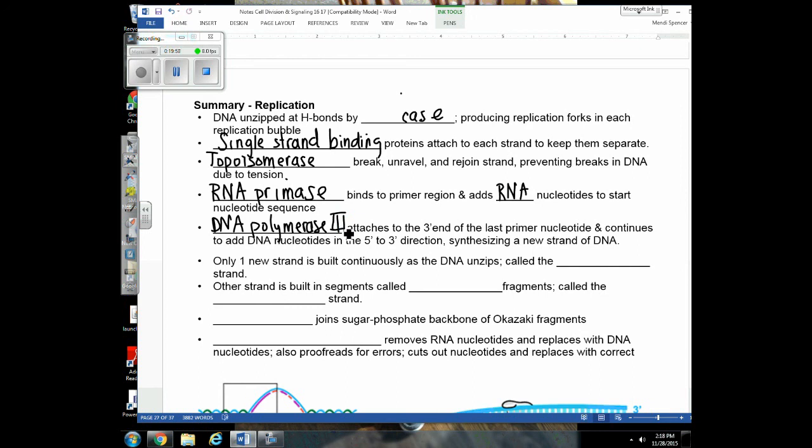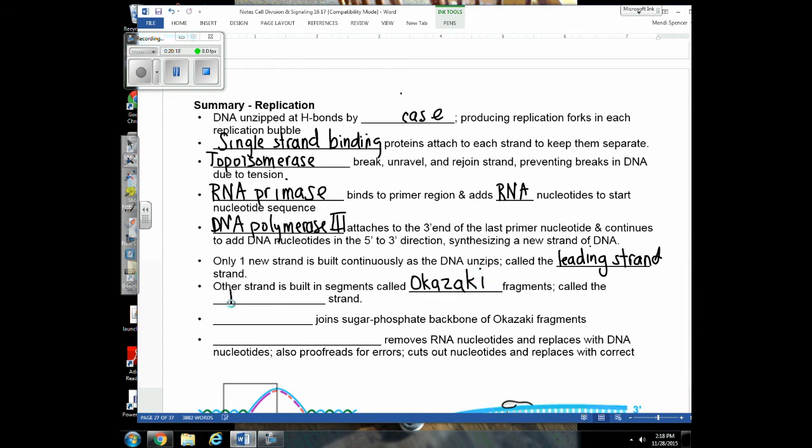Only one strand is built continuously as the DNA unzips, so it follows helicase as it moves, and that's called the leading strand. We see that it is made continuously. And the other strand is built in segments, and again, those are called Okazaki fragments.